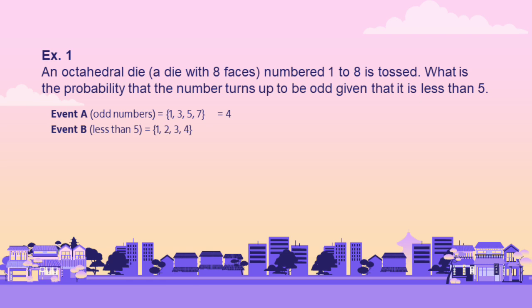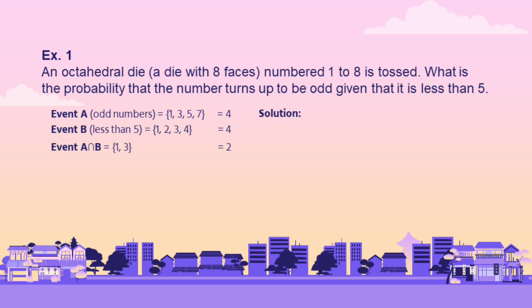So the event outcome of B is equal to 4, since there are 4 numbers in an octahedral die which are less than 5. And then we will be looking for the intersection of A and B, to which we just need to look at event A and event B, and find which of the numbers occurred in both events, and those numbers are 1 and 3. Now we have the intersection of A and B which is 1 and 3, therefore the outcomes of A intersection B is equal to 2.